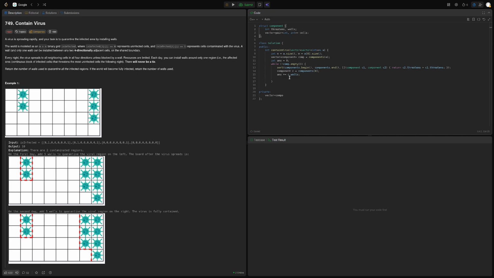I just need an int, and then for const auto p in c cells, p first, p second is equal to 2, and I guess that's it.